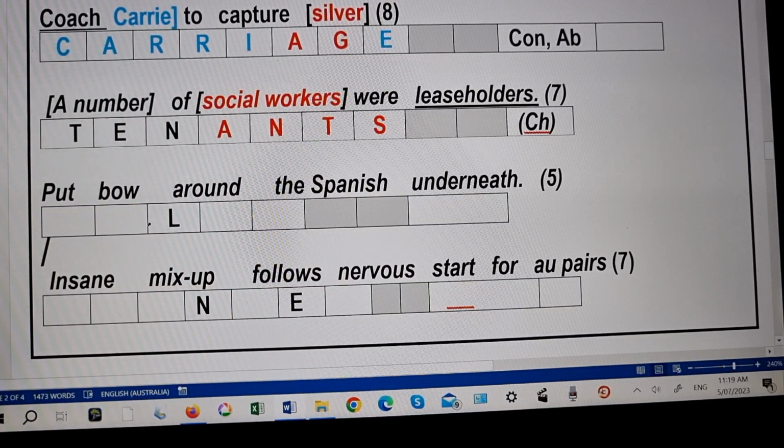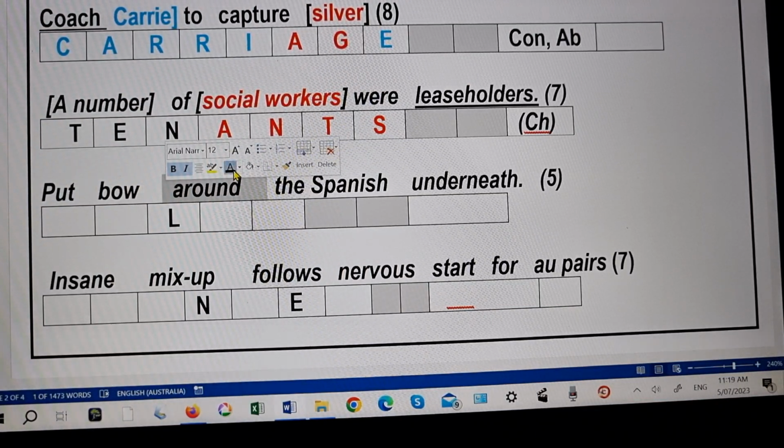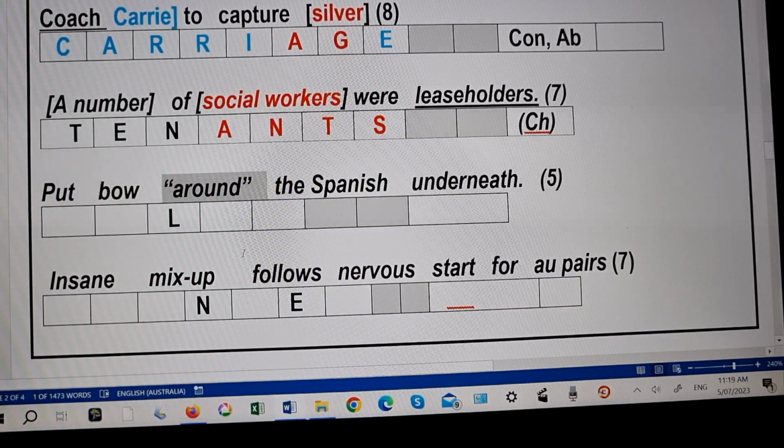Okay, you all back? Here we go. Flags. I reckon around is a container flag. Mind you, it could also be an anagram flag, but I think in this case it's going to be a container flag. Put bow around this man, and I think the 2 parts of container are going to be bow.